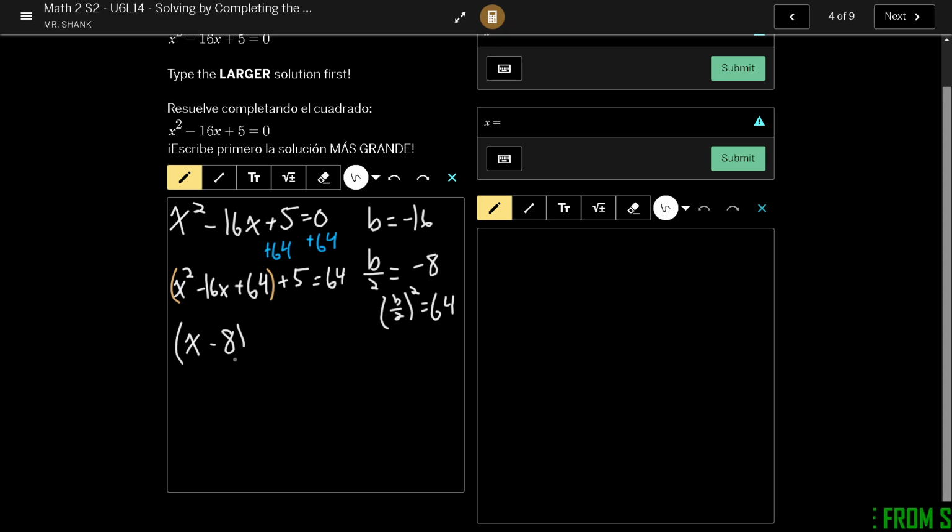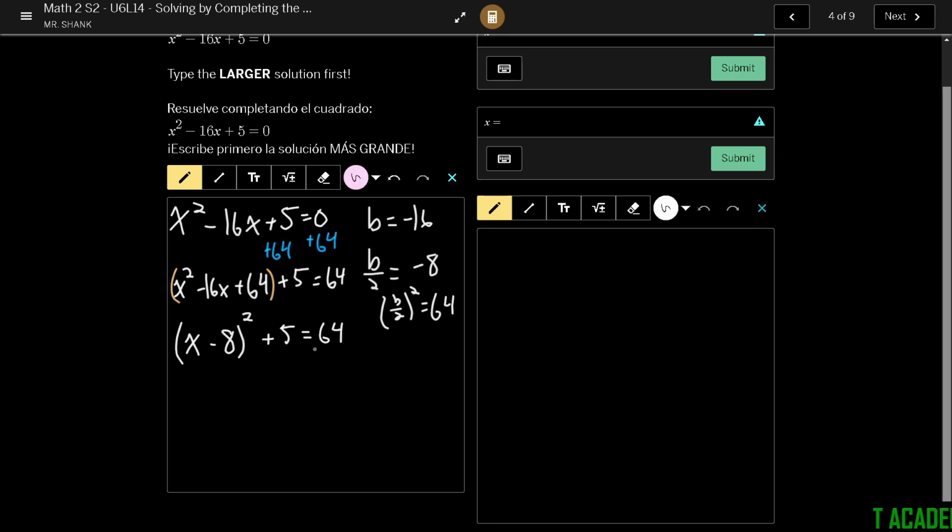And so we're going to say x minus 8 squared plus 5 equals 64. So notice how the only thing that changed, this is a really key part here, that's why I put those parentheses around it. I want to make sure that those are all together. So I go from x squared minus 16x plus 64, that's the same as x minus 8 squared.